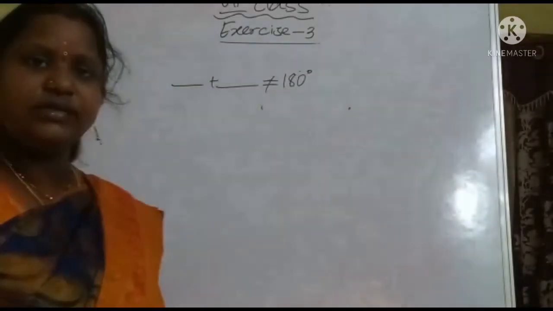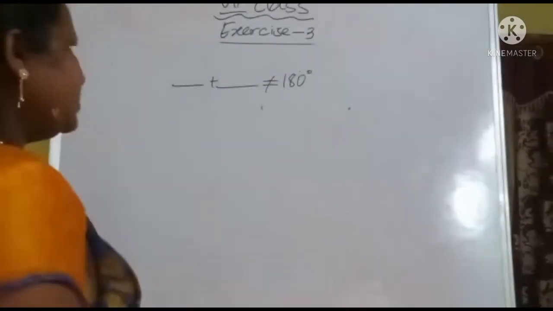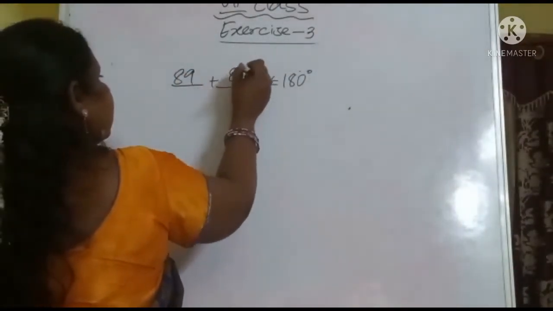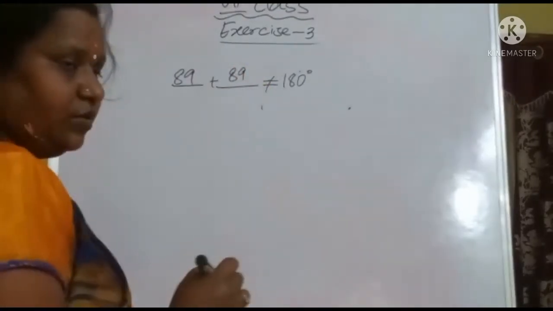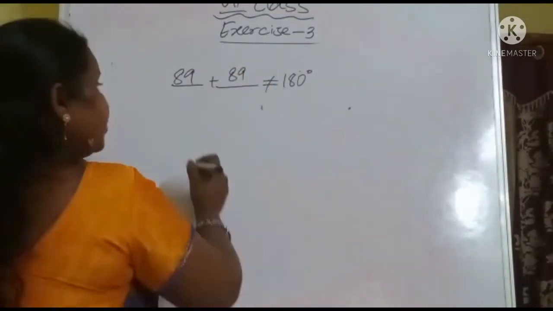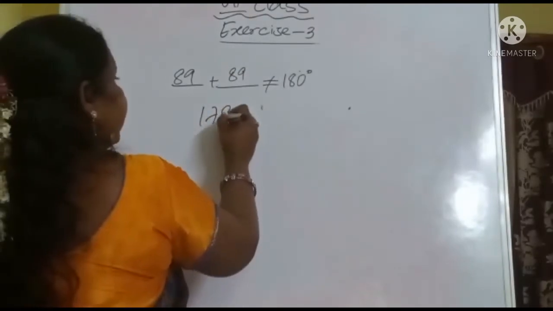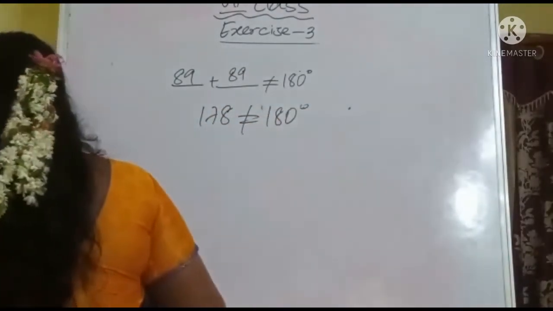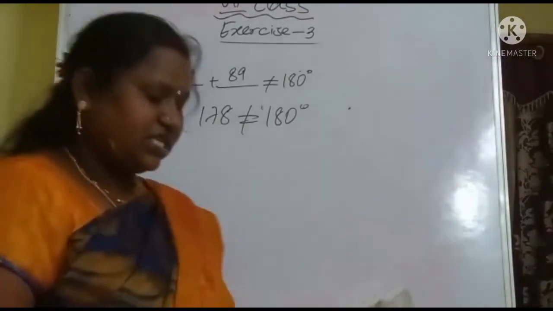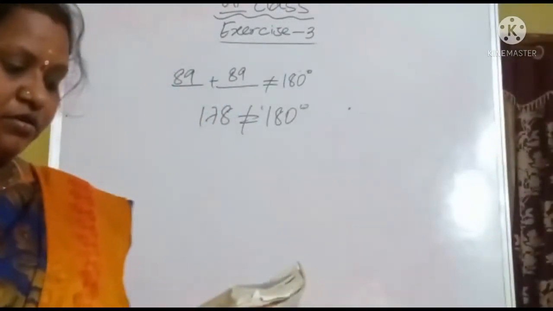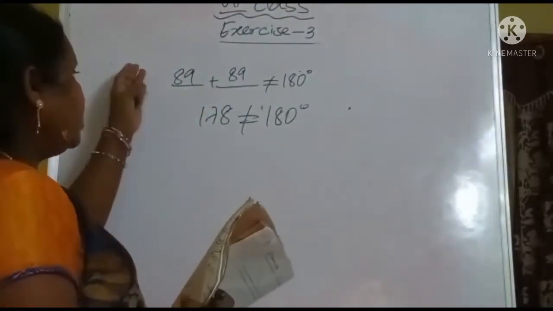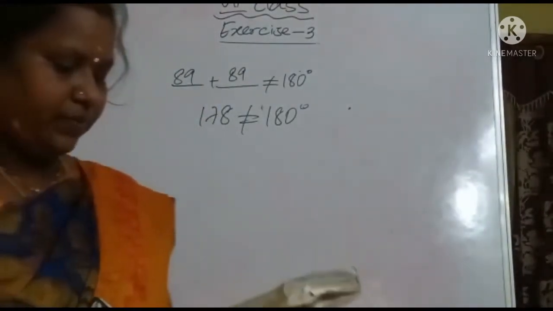More than 0 degrees and less than 90 degrees. Maximum I can take 89 degrees and 89 degrees. Even if I take the same angle twice, 89 and 89, how much are you going to get? 178, which is not equal to 180 degrees. So the statement that two acute angles cannot form a pair of supplementary angles is correct. To justify it, you can give an example like this.